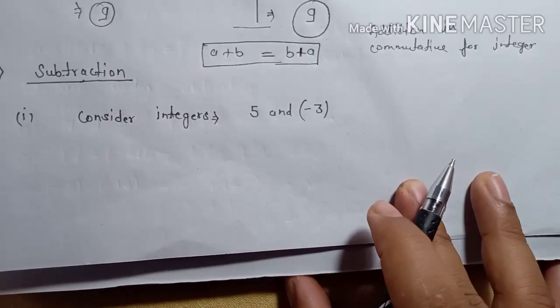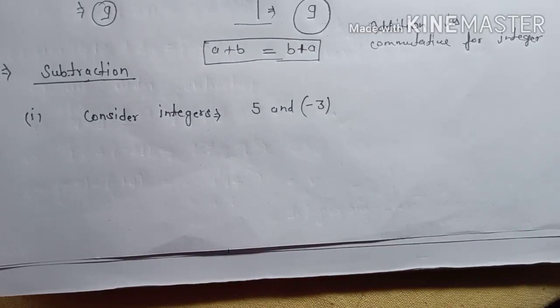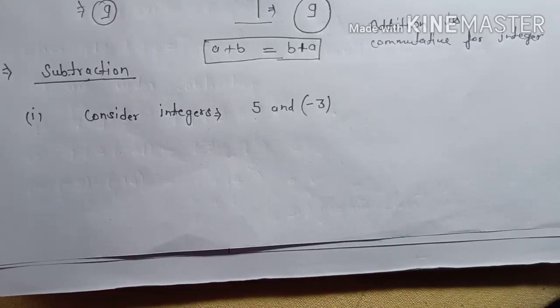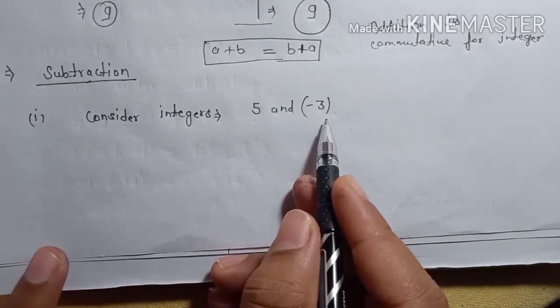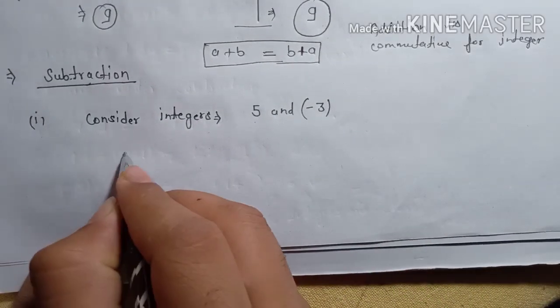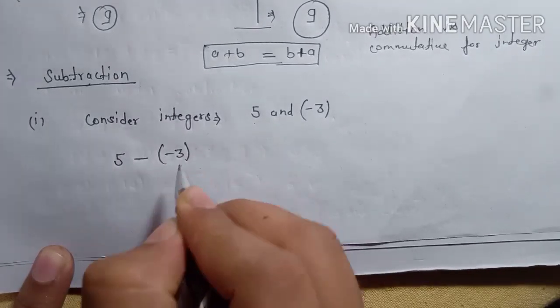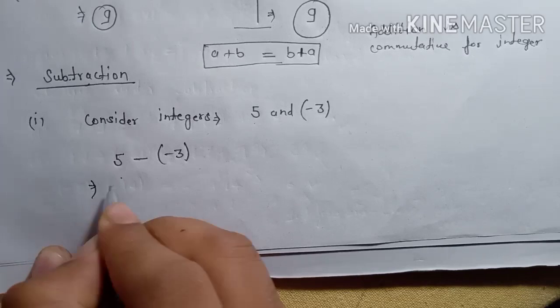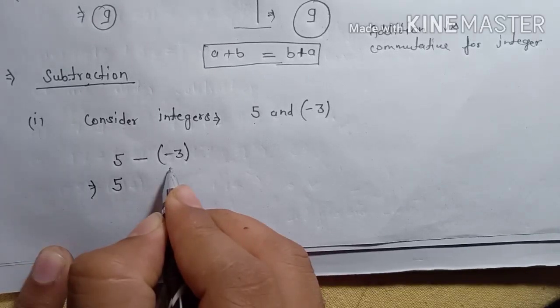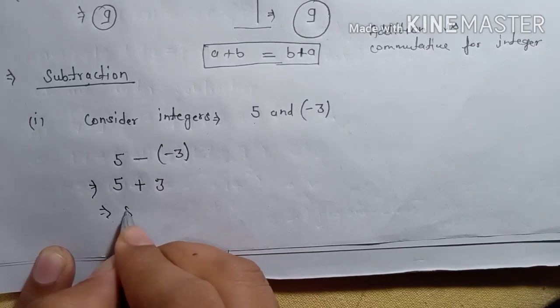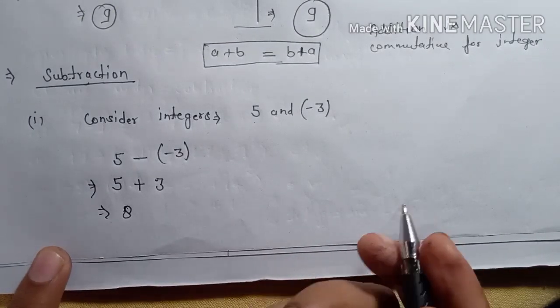And if we check this property for subtraction, we have two different integers, 5 and -3. First subtract -3 from 5, that will be 5 minus -3, and here we have to add the additive inverse of -3, that will be +3, and our result is 8.